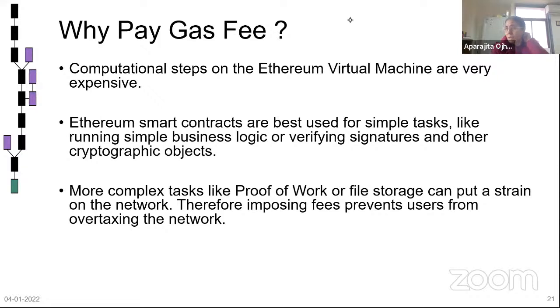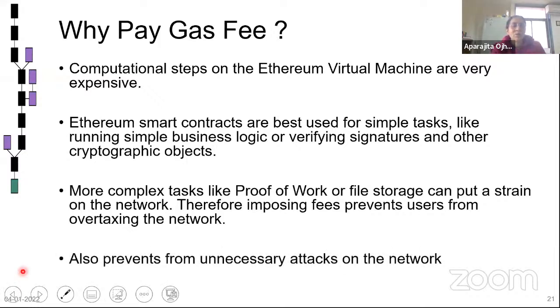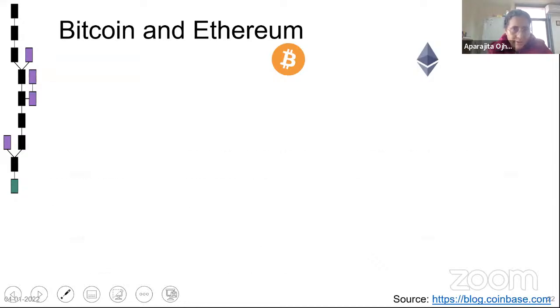Because they are attending freely. That is why there is a small course fee attached to any course, right? Here, like in EICT. Also, it prevents unnecessary attacks on the network, right? An attack will be through a transaction. So whenever I'm requesting a transaction, I will have to pay. So it prevents unnecessary attacks through transactions.